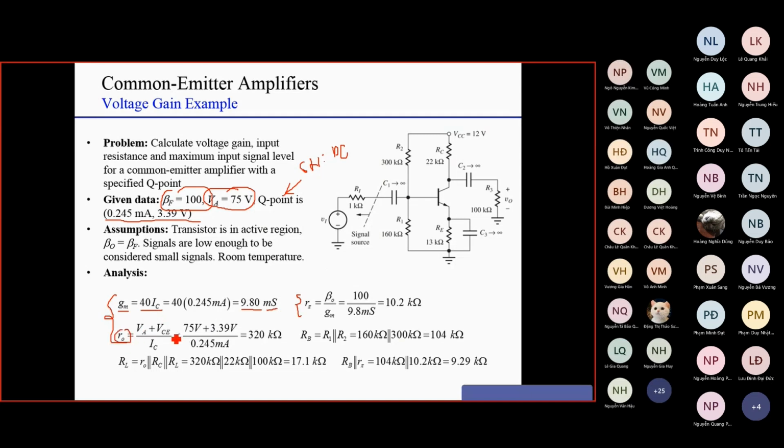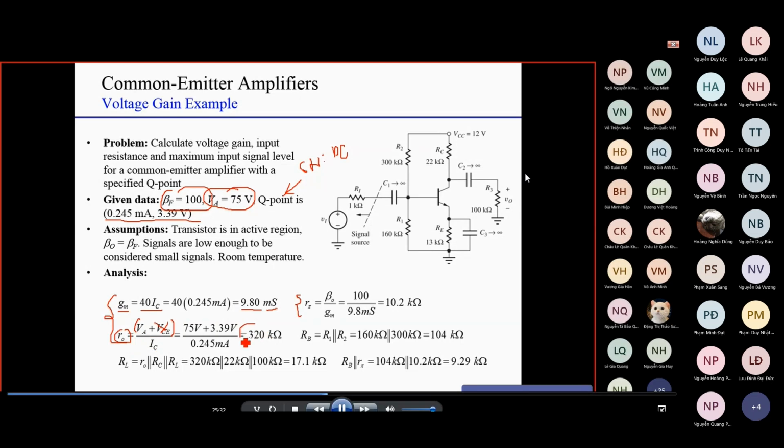R0 is approximately, you can use the exact equation if we have a VCE here, but normally you can see that VCE is very small compared to VA. So you can approximate this by simply omitting VCE, and R0 is approximately equal to VA over IC.